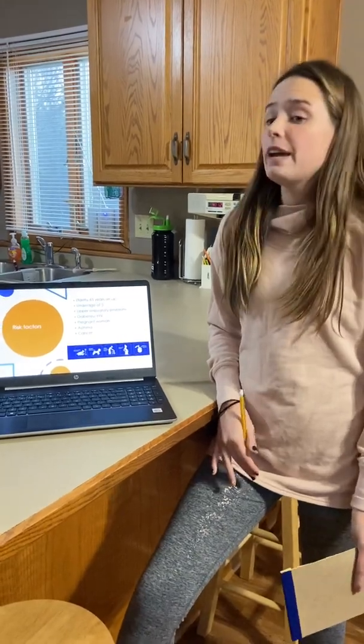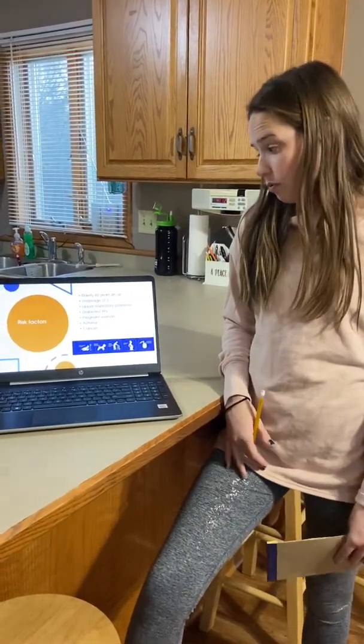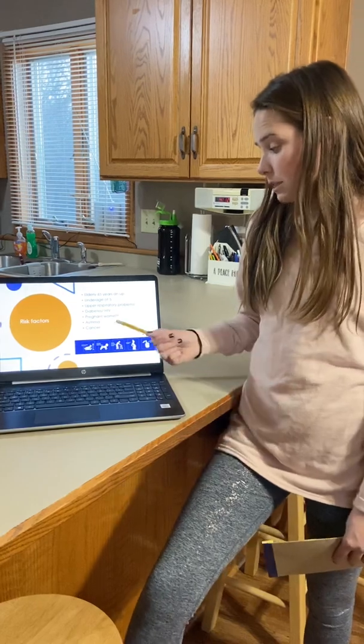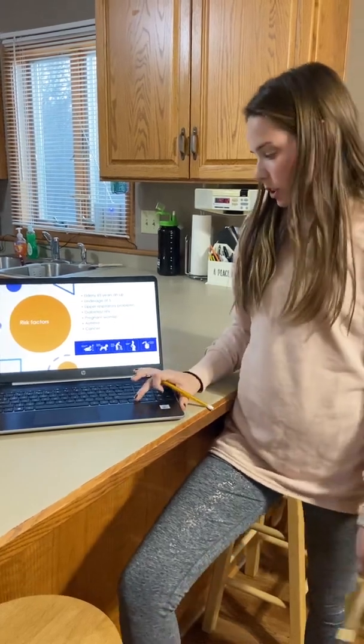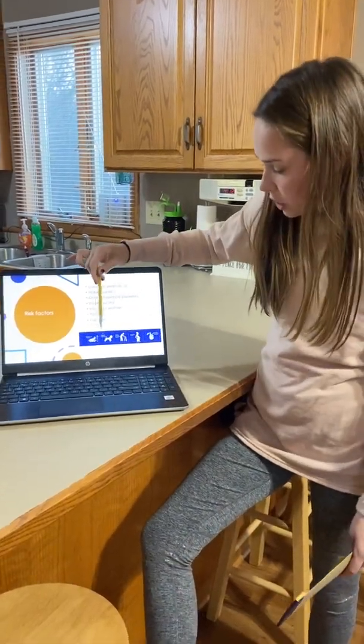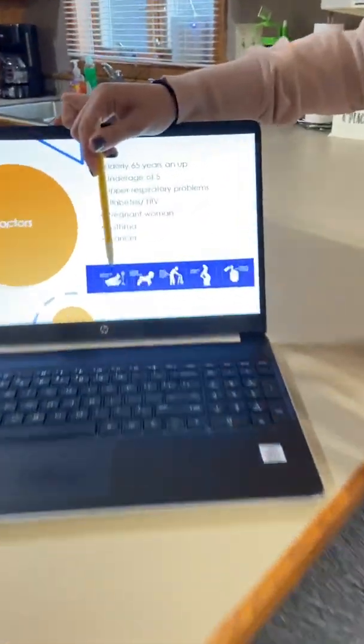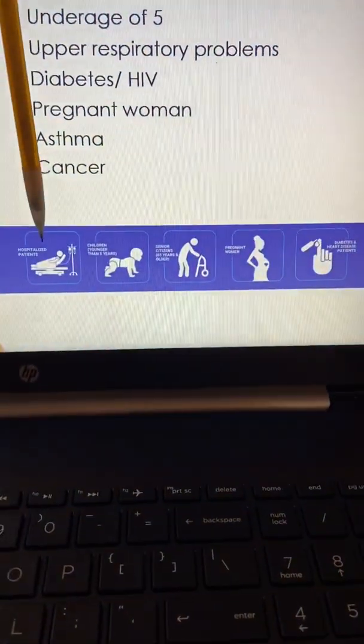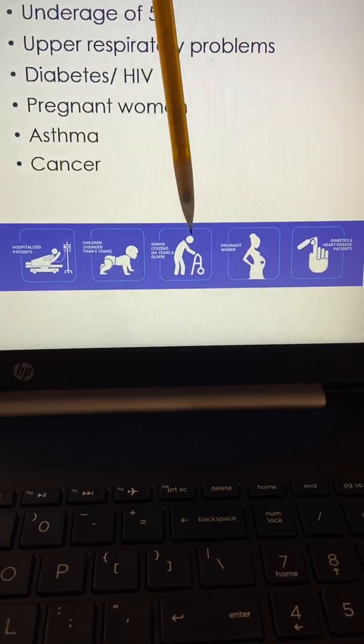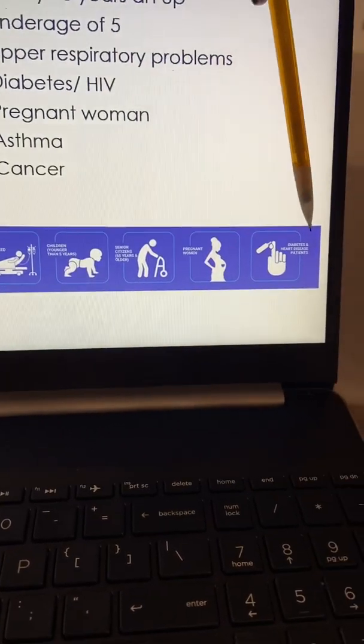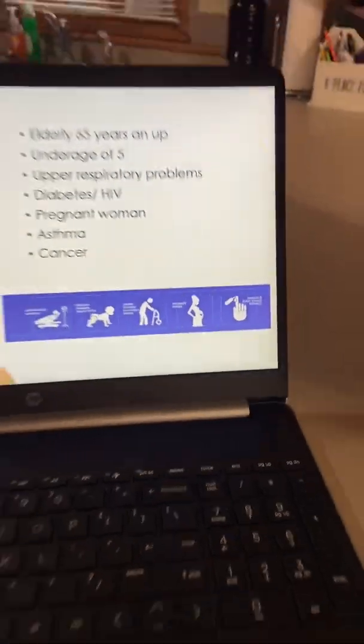Pregnant women are very, very prone to influenza, asthma, and cancer. So there's the main risk factors. And then this picture down here is just showing you different patients. This one's hospitalized patients, infants, elderly, pregnant women, and diabetes and heart problems.